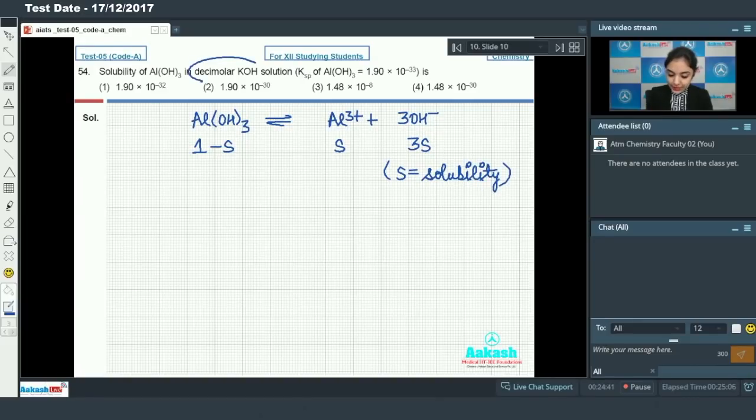And you have also decimolar KOH solution. Since KOH is a very strong electrolyte, it will dissociate completely to form K⁺ and OH⁻. The concentration given is decimolar, so the concentration of OH⁻ will be 10⁻¹ molar, that is equal to 0.1 molar.